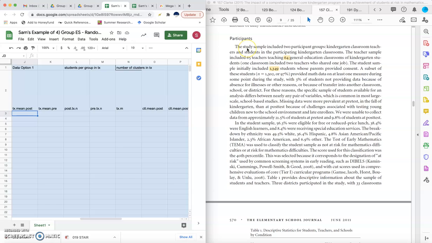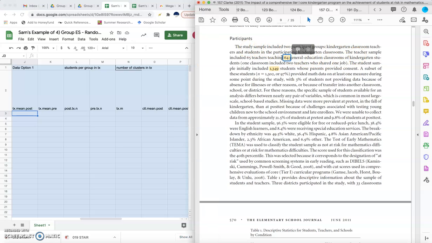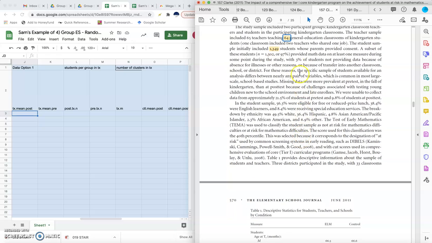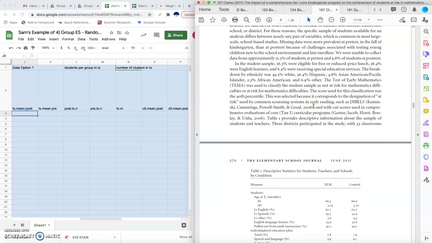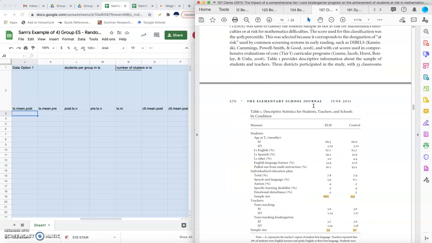I want to highlight, when I go into the participant section, I can see that we're going to have 64 classrooms total. That's something we're going to have to think about when we're collecting this data. And we have a total of a little over 1,300 students. But what I really need to know is the number of students who are at risk.